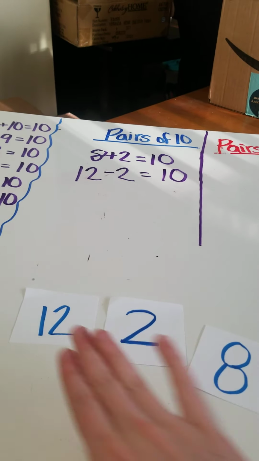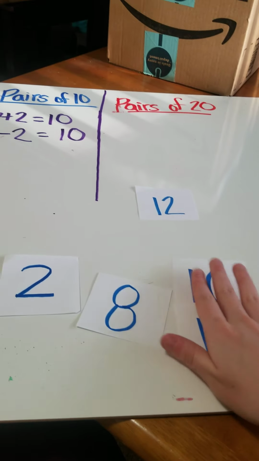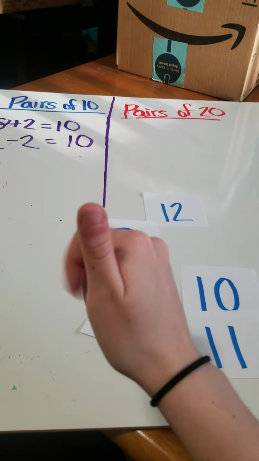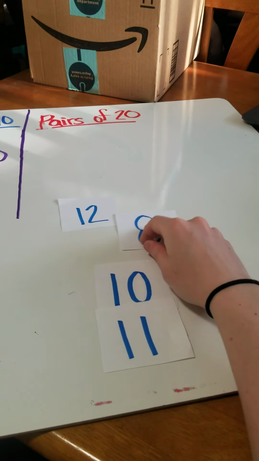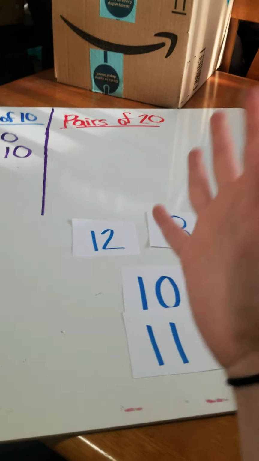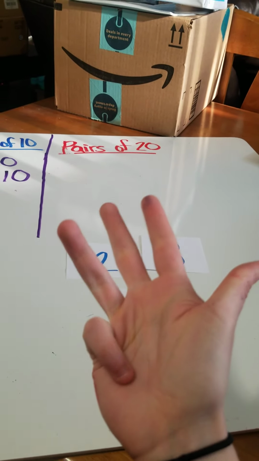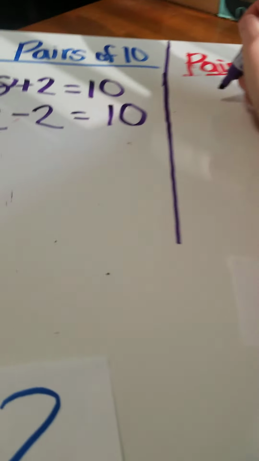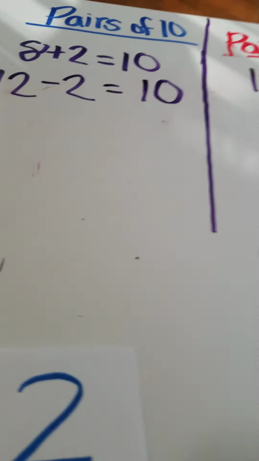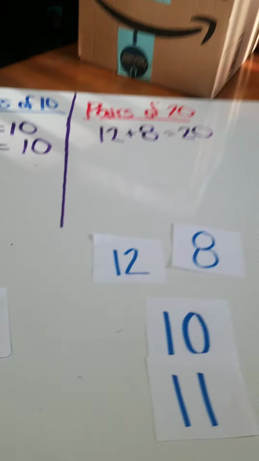No. Let's try 12. 12 plus 2, 12, 13, 14. No, that's still too small. Let's try 12 plus 8. So reach out and grab that 12, count up 8 more. 13, 14, 15, 16, 17, 18, 19, and 20. Look at that. So we know 12 plus 8 equals 20.